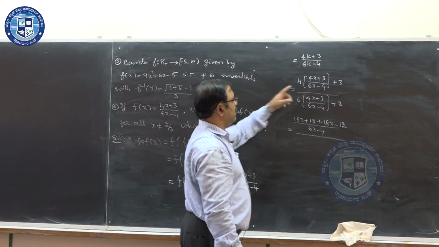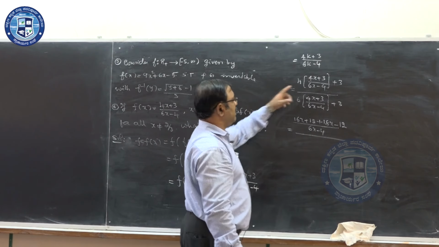What is this? An identity function. What do you mean by identity function? f from R to R given by f of x is equal to x is an identity function. Therefore, f composite f is equal to I, and it is defined already. See, it is an identity function. Therefore, f inverse is equal to f.